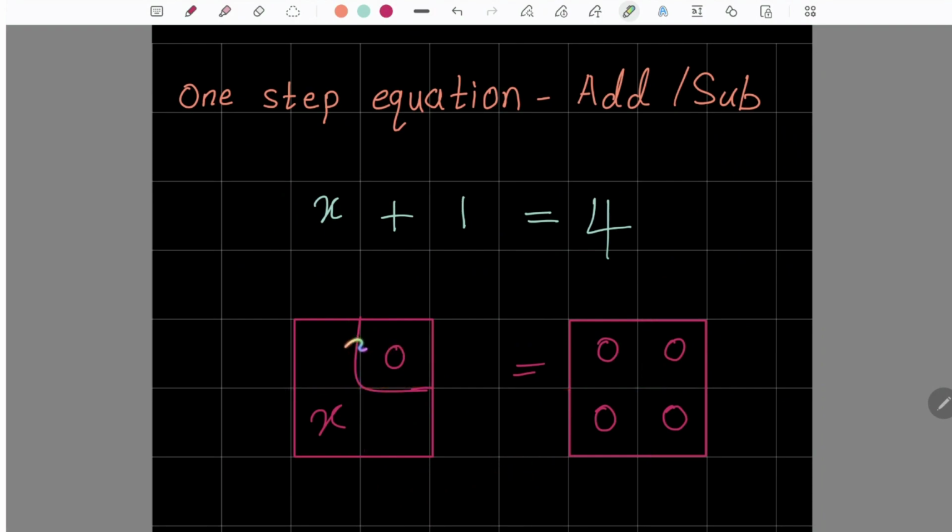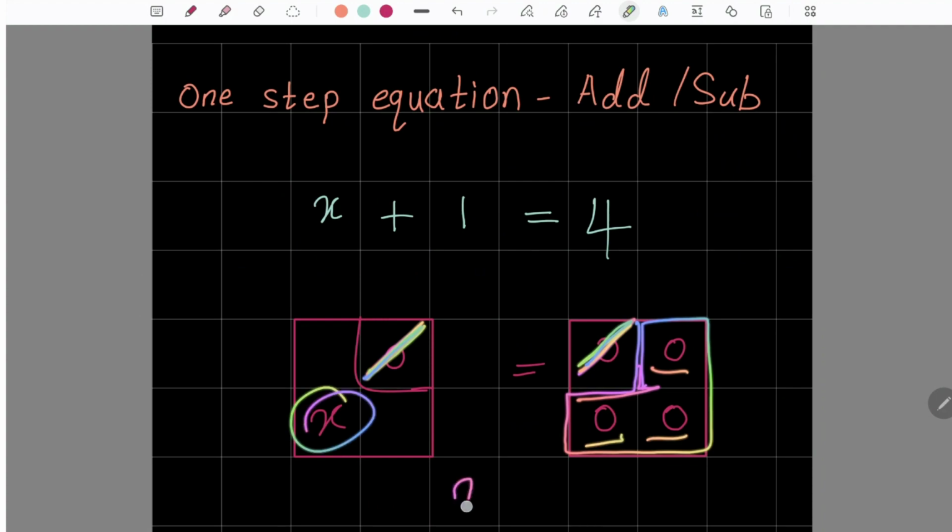So this would be the x portion. So like I said earlier, to find out what x is, we need to take this away. So if we take away 1 from the left, we need to do the same thing for the right as well. And that would give us the value of x, which is 3. 1, 2, 3. So x equals 3.